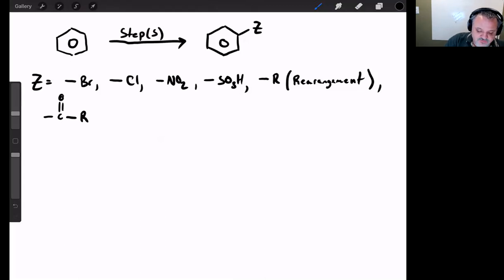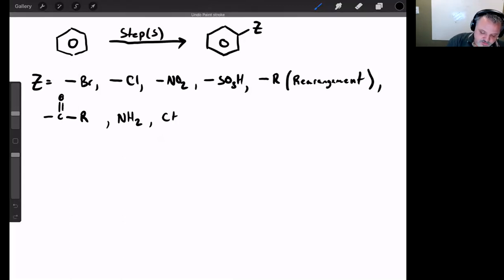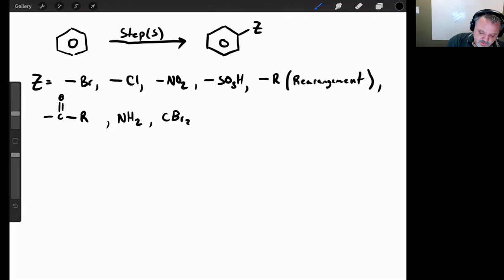We don't have to worry about rearrangements with acyl groups. We can take an NO2 and we can convert it into an amine group. We can take an R group and convert it into a CBr3, and we can also take an R group and turn it into a carboxylic acid.